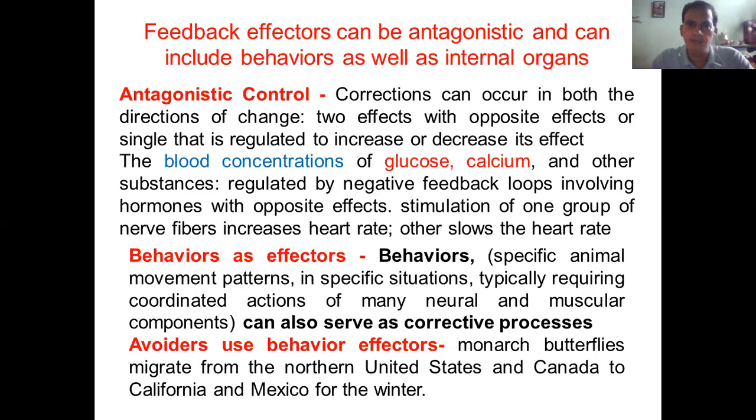Behavior as effectors. So behaviors are specific animal movement patterns in specific situations, typically requiring coordinated actions of many neural and muscular components. For example, let's say there's a cold day and the hands and legs are cold.